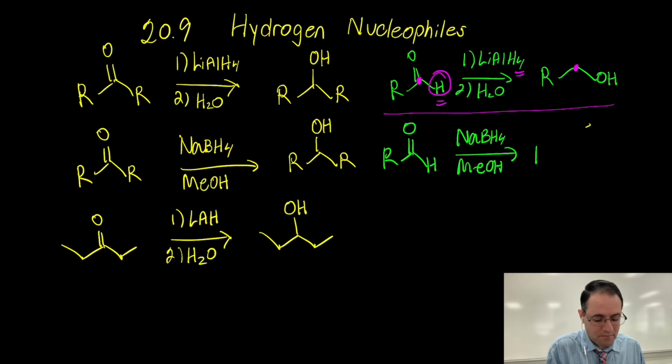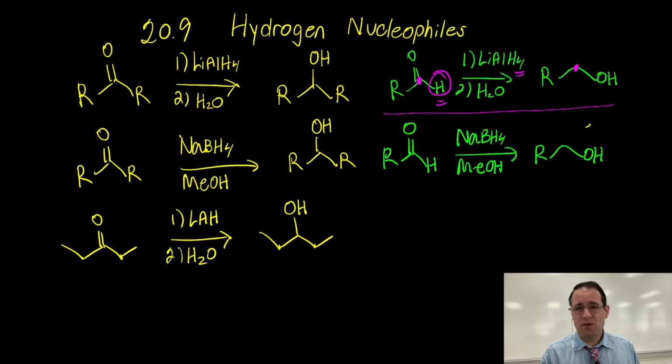Okay. Now you might be wondering, well, since these two reagents do exactly the same thing, is there a difference? Yes, remember lithium aluminum hydride can react with any carbonyl containing substance. We'll see later on in subsequent chapters, it reacts with nitriles, it reacts with esters and anhydrides, things like that.